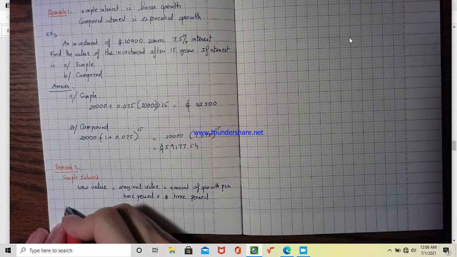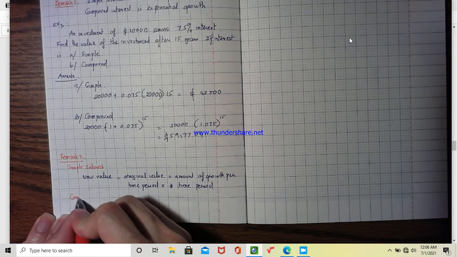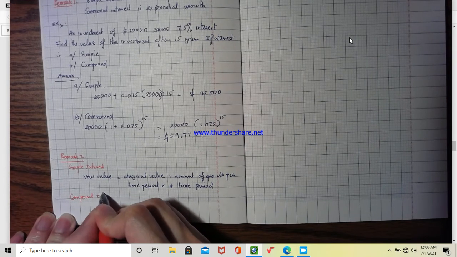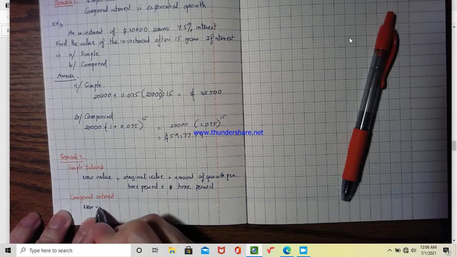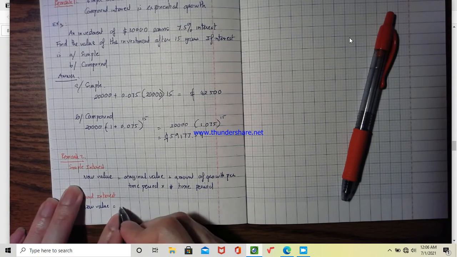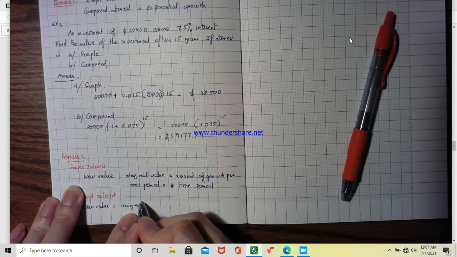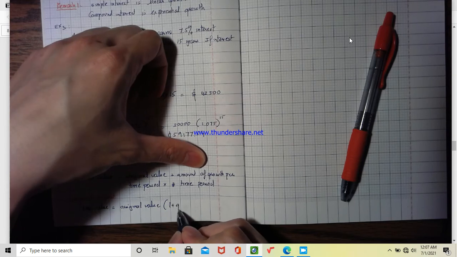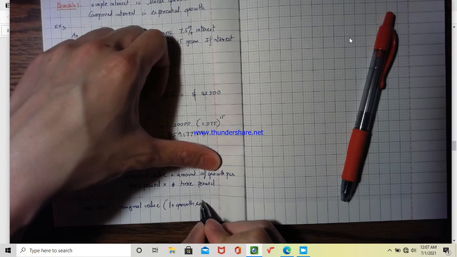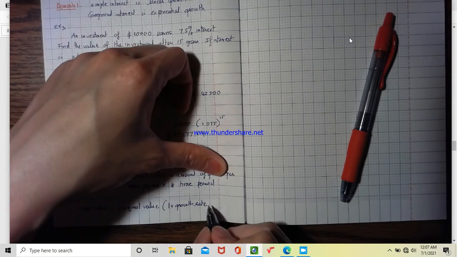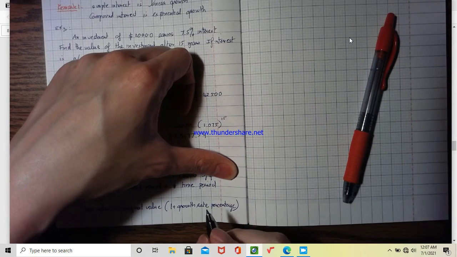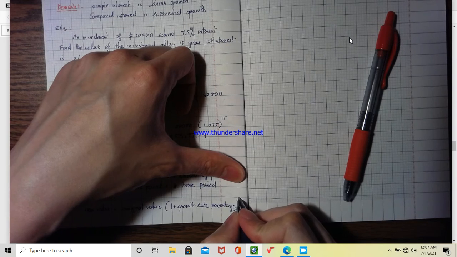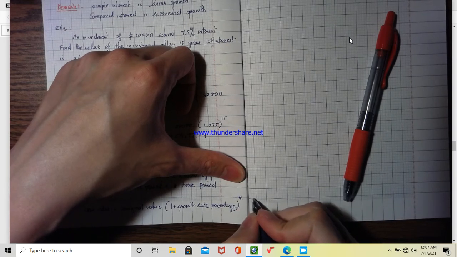And for compound interest, the new value will equal the original value multiplied by 1 plus the growth rate, as a percentage, and everything raised to the number of time periods.